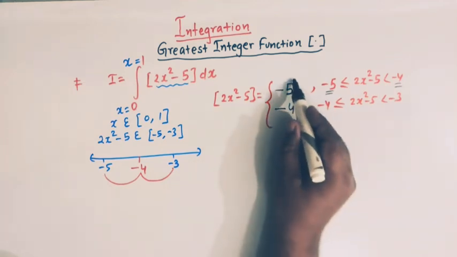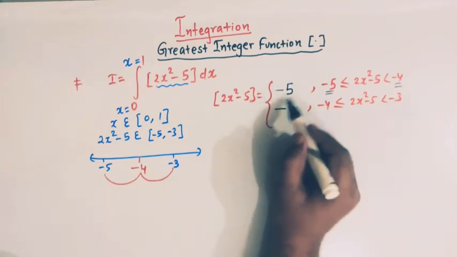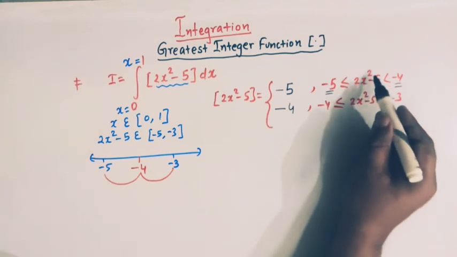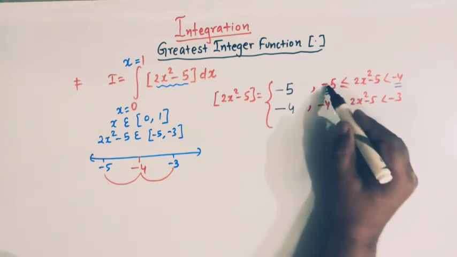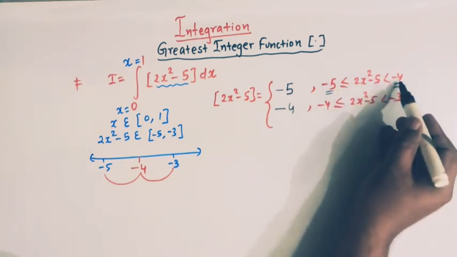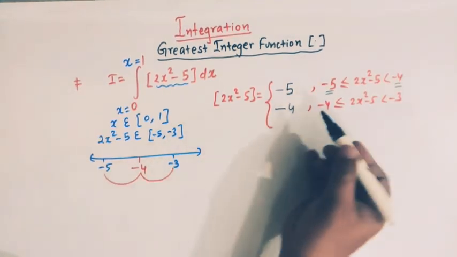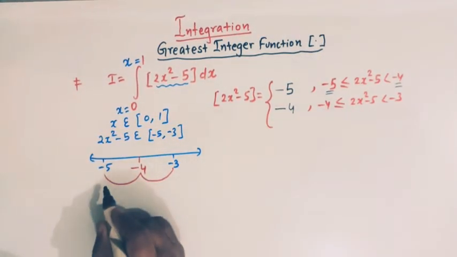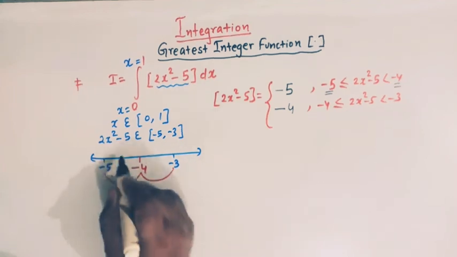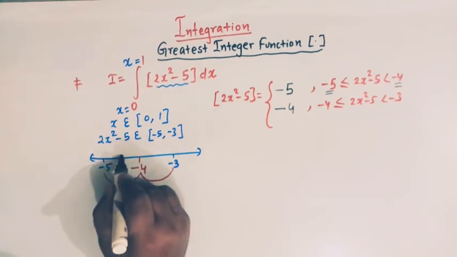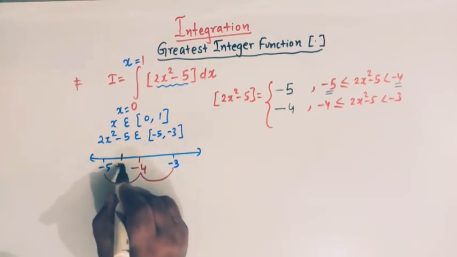So how have we got this minus 5? Because 2x square minus 5 lies between minus 5 and minus 4. Let us take a value for the example. Suppose we have minus 4.5.